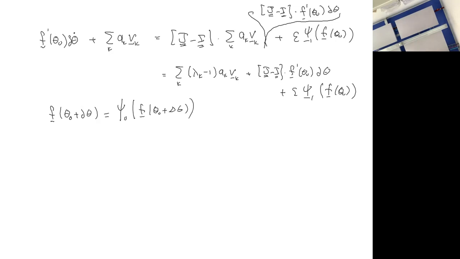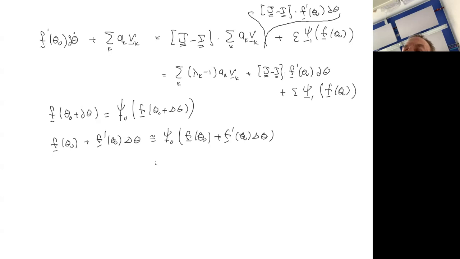Let delta theta be super small and we'll Taylor expand. So this is f of theta naught plus f prime of theta naught delta theta equals psi naught of f of theta naught plus f prime of theta naught delta theta. So we should put approximately equal to, but I'm gonna let delta theta go to 0.